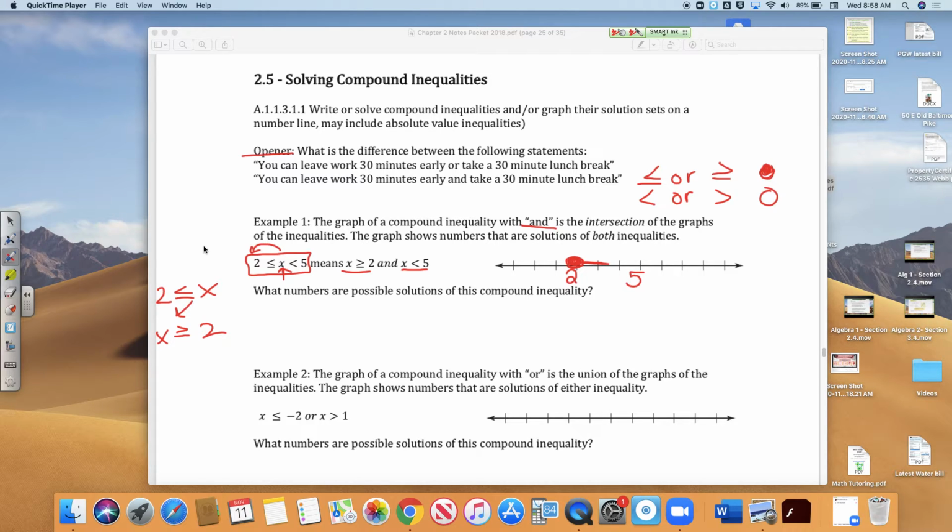Anything less than 5 would be an open circle at 5, anything to the left. So here's what this graph looks like. Notice the difference. We now have 2 numbers on the graph because we have 2 endpoints, and the answers are between these 2 endpoints here.